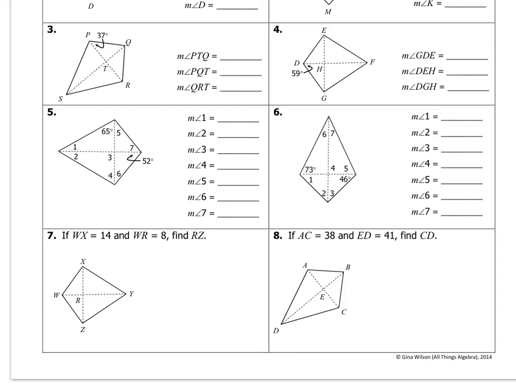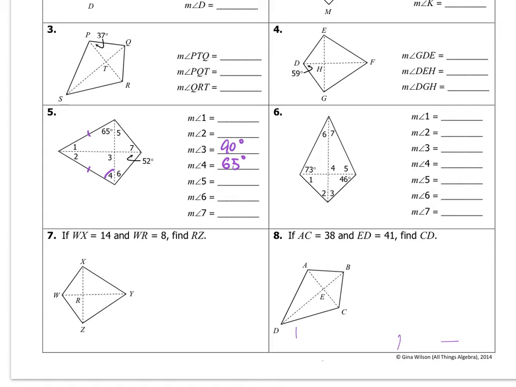Let's look at number 5. What's given is 65 degrees and 52 degrees. We know that if I have this pair being congruent, then I have an isosceles triangle there, so angle 4 has to be 65 degrees. And angle 3 is 90 degrees. Those are the low-hanging fruits, right?